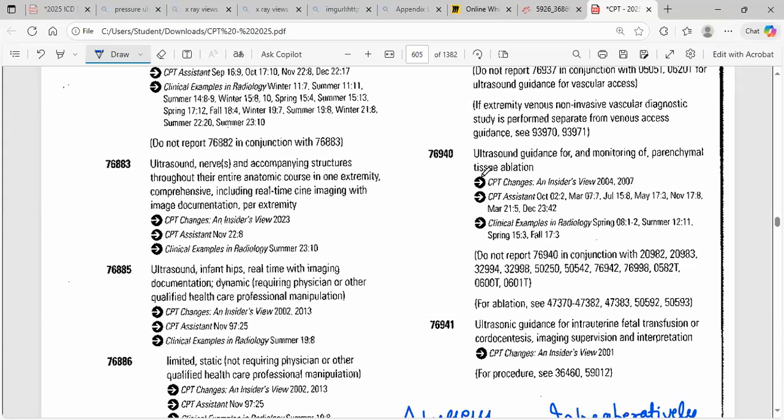Any answers? Guys, I just received the answer from the Gauri.